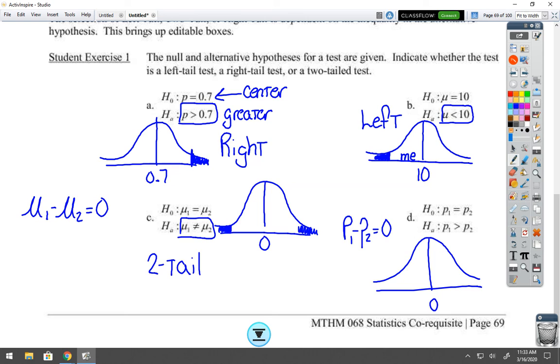I want P1 to be greater than P2. This is a greater than. And a greater than symbol means that I'm dealing with a right tail test. You figure out the tailing of your computer test based on the information that you have in front of you as far as the symbol, less than, greater than.